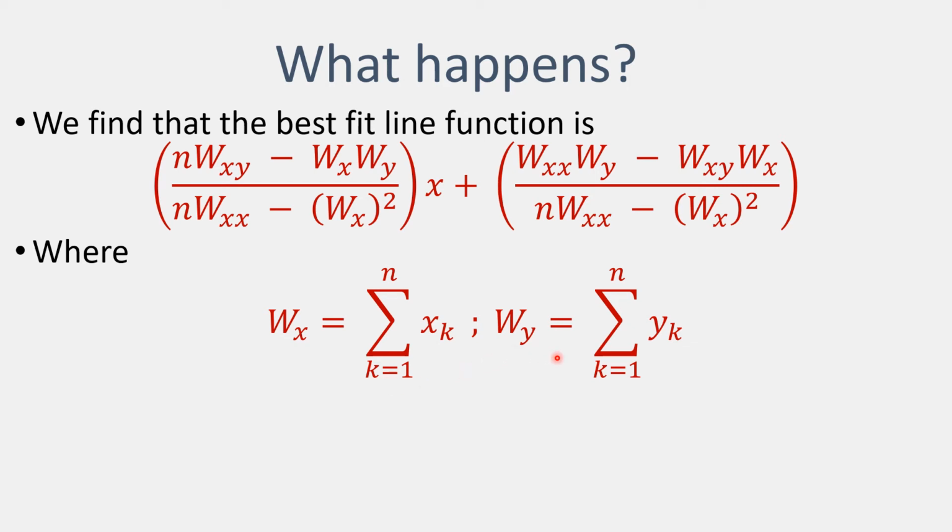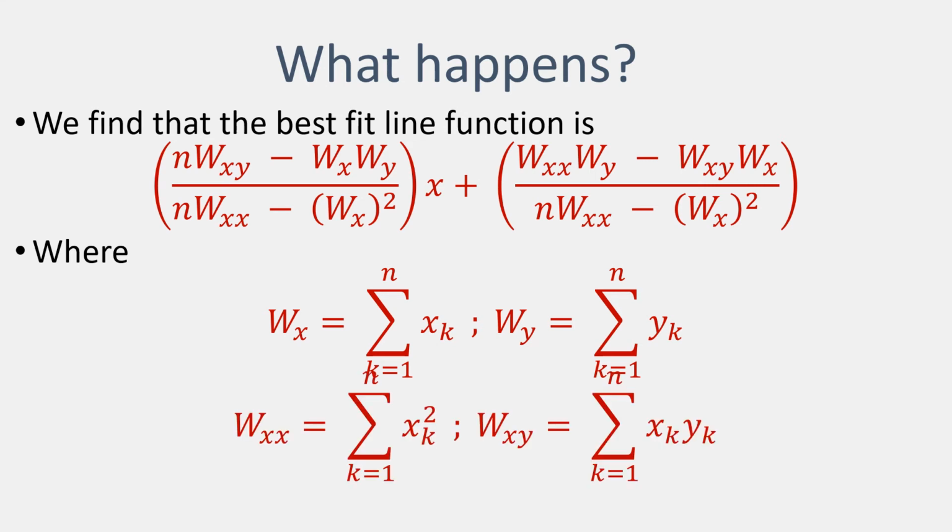This notation is the sum of our observation values. We also have the sum of the squares of our data values and the sum of the component-wise multiplication of each data value with its corresponding observation value. So we have that shorthand.